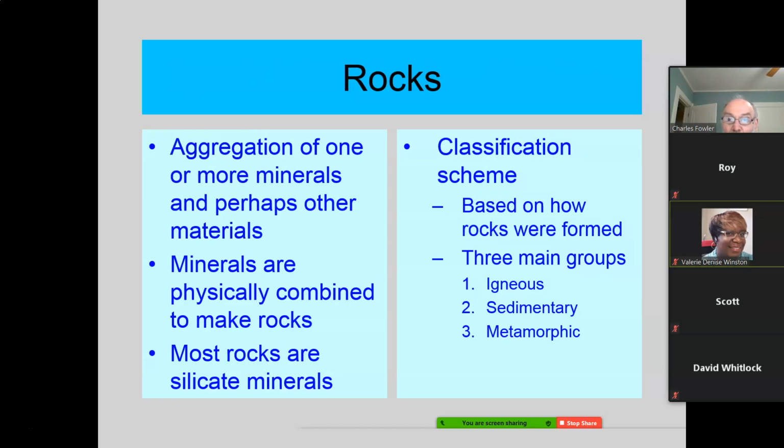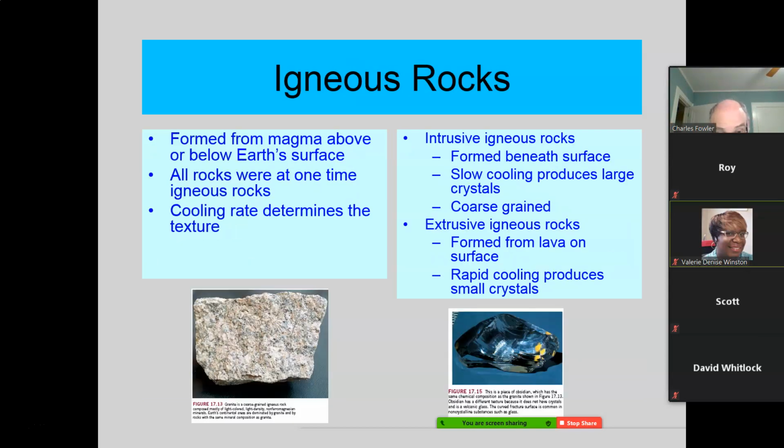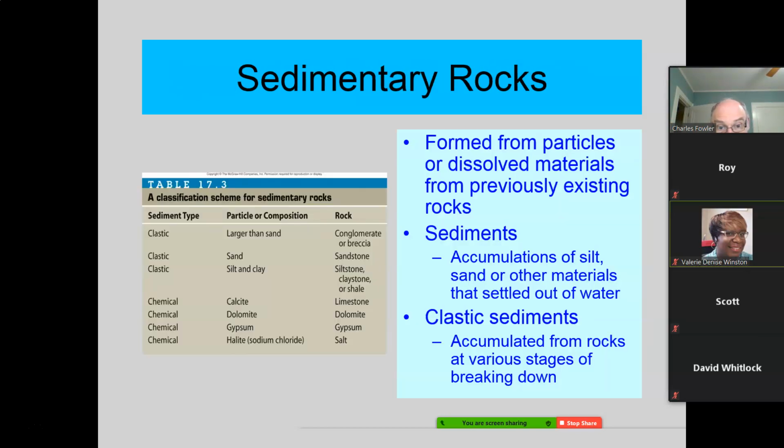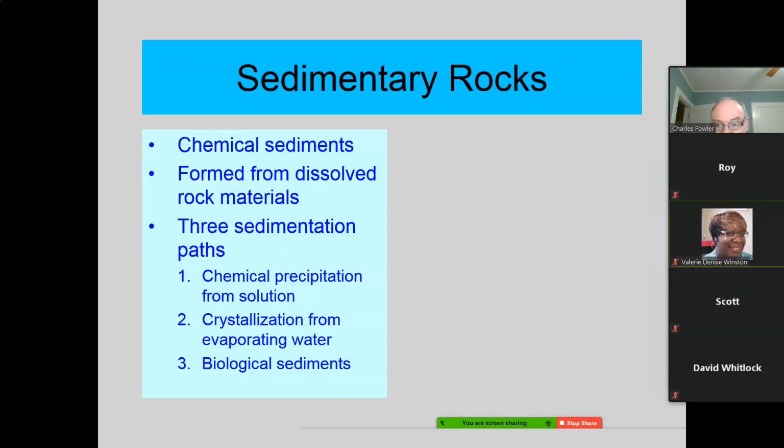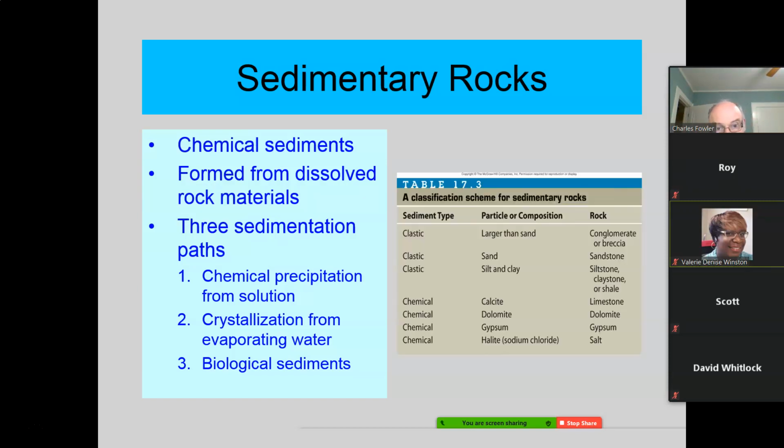Aggregation of one or more minerals and perhaps other materials. Biological sediments would be other materials, not necessarily minerals. So, biological sediments could fall into there. And you'll see an illustration of it coming up fairly soon.